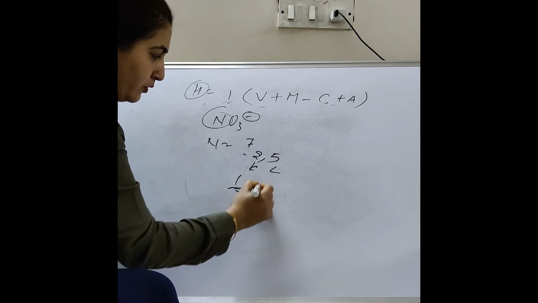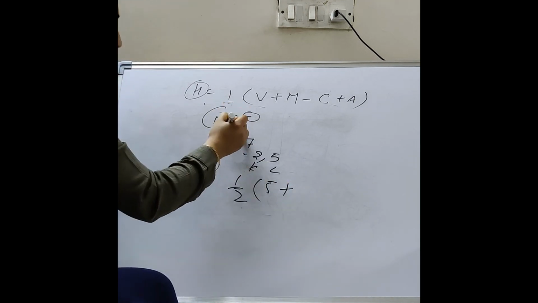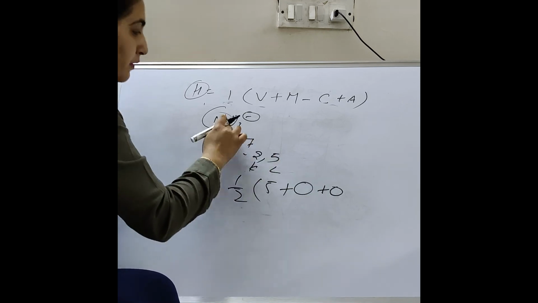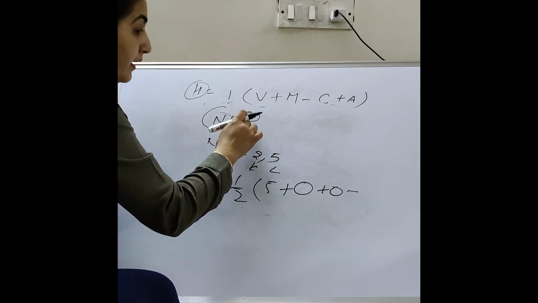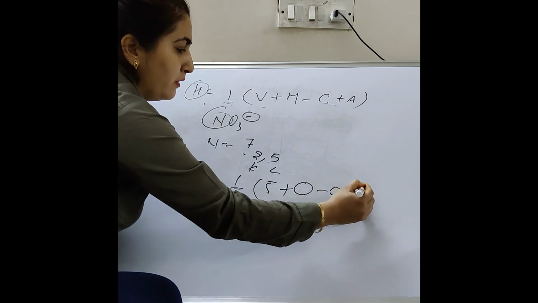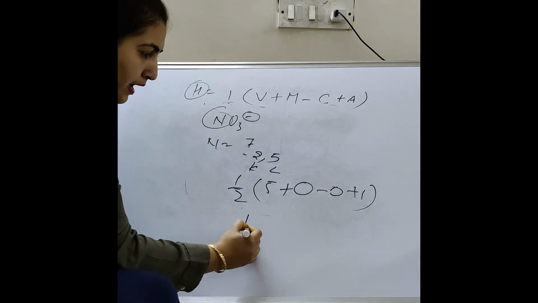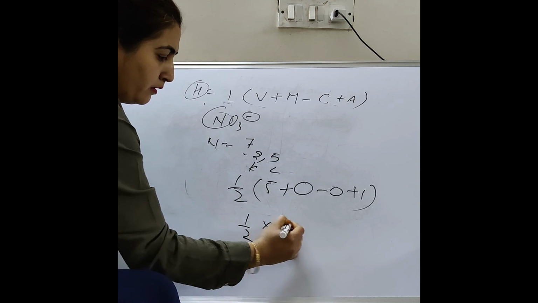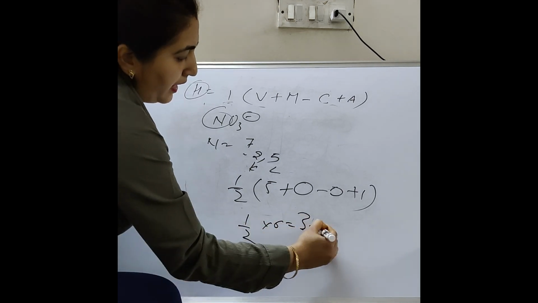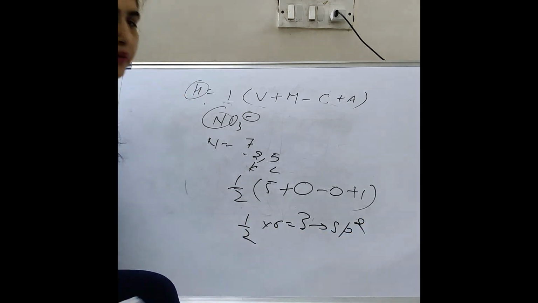So half into 5 plus no monovalent atoms, so 0, plus cation, there is no positive charge, minus anion. Anion, we have minus cation plus anion. Right? So half, 5 plus 1, 6. So we get here 3. So the hybridization will be sp2.